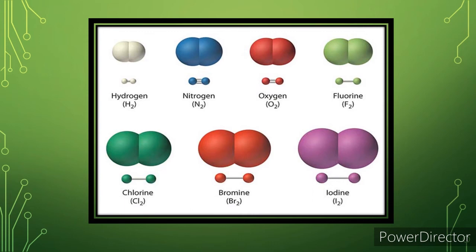Chlorine, again 2 chlorine atoms, bromine 2 bromine atoms, iodine 2 iodine atoms. Like that we get molecules. Here we get molecules where similar atoms are there, so we call them elements. These are molecules of elements. We are going to study about molecules of compounds also.